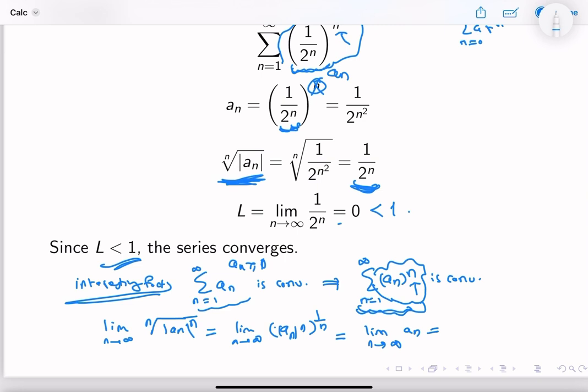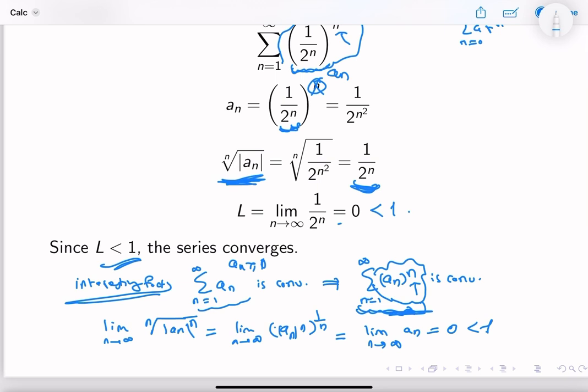I claim that this limit is 0, and thus this is less than 1, and thus this series is convergent by the root test. But why is this limit 0? Well, that's an easy consequence of the nth term test.